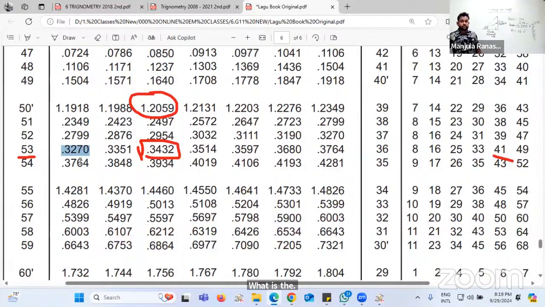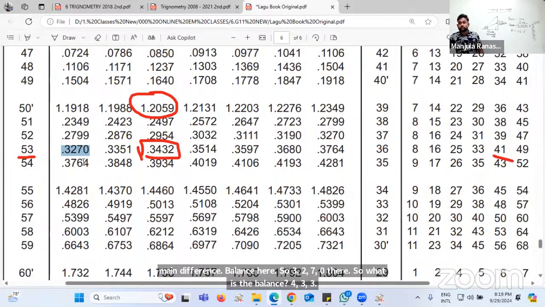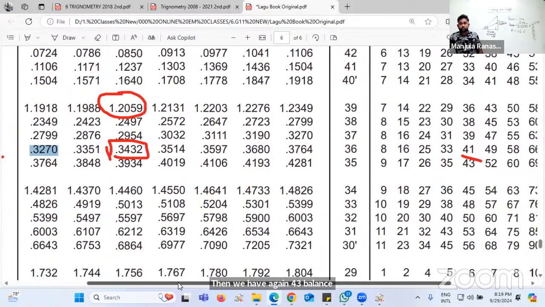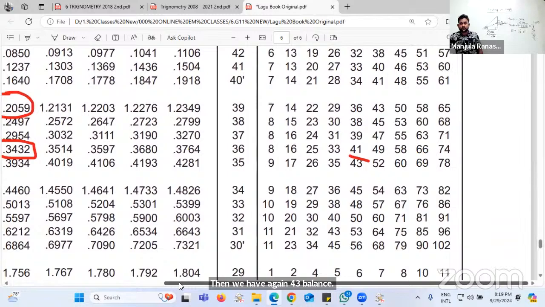So 3270 there. So what is the balance for 3333? Then check approximately what is the balance. Then 30 for 1300, 1.3330. Then we have again 43 balance. You can see we have the 43 balance under that table.